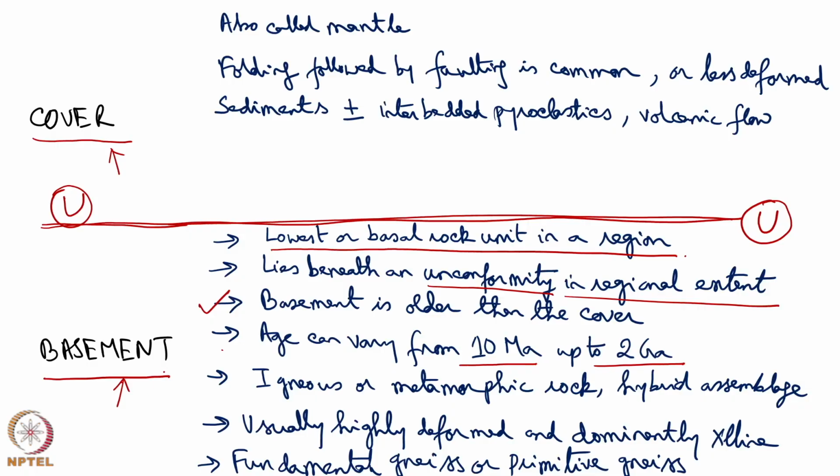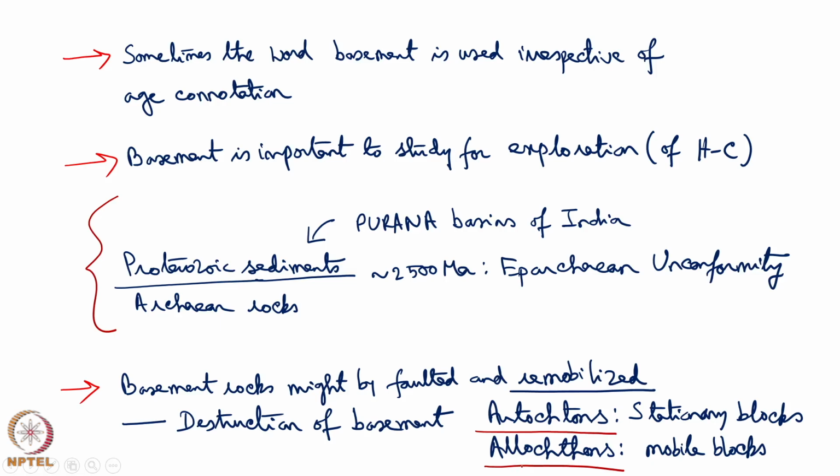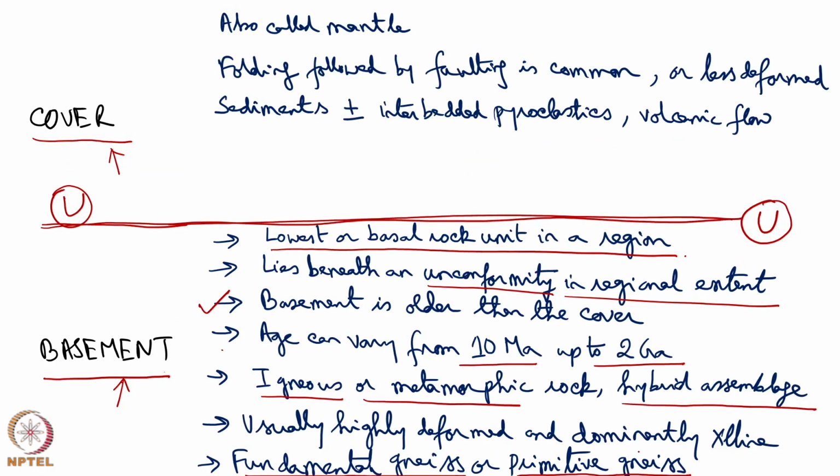Now, this basement rock is usually igneous or metamorphic rock or a hybrid assemblage, and it is usually highly deformed and dominantly crystalline in nature. This basement igneous and metamorphic rock is sometimes called fundamental gneiss if the basement is gneiss. It is also called primitive gneiss. We come across the term fundamental gneiss when we study the stratigraphy of specific regions, say of India.